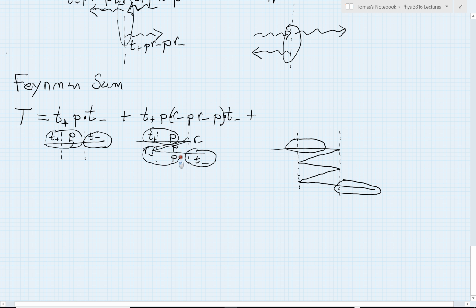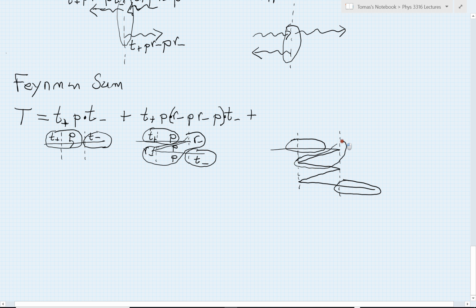It has this back and forth bounce that just happened with the R minus, the P, the R minus, and the P. In this term, I'm also going to have that ricochet, which is just another word for bouncing, because I've got the R minus, the P, the R minus, and the P.